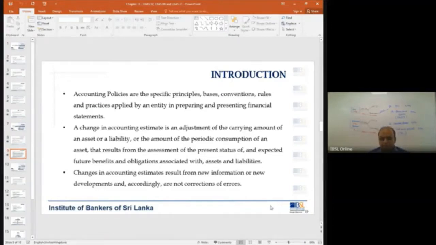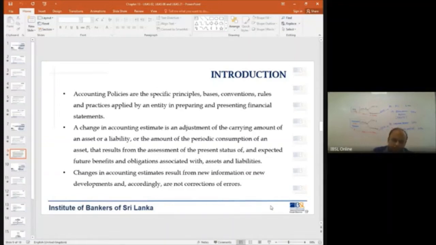Okay. So when you are making a change to your accounting estimate, it can have an impact on your financial statements in 2 ways. What are the 2 ways? It could be retrospectively or it could be prospectively. I explained this to you. If you are all of a sudden changing your depreciation rate, it means you have to back-calculate the depreciation and adjust it in your financial statements.